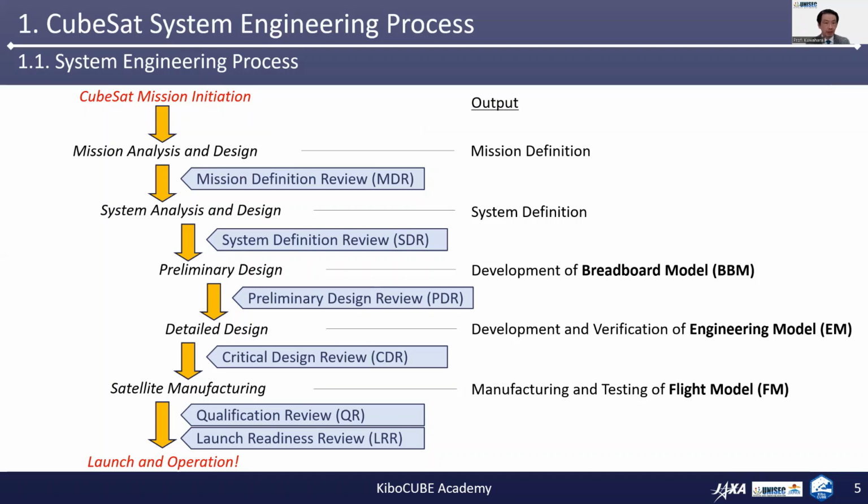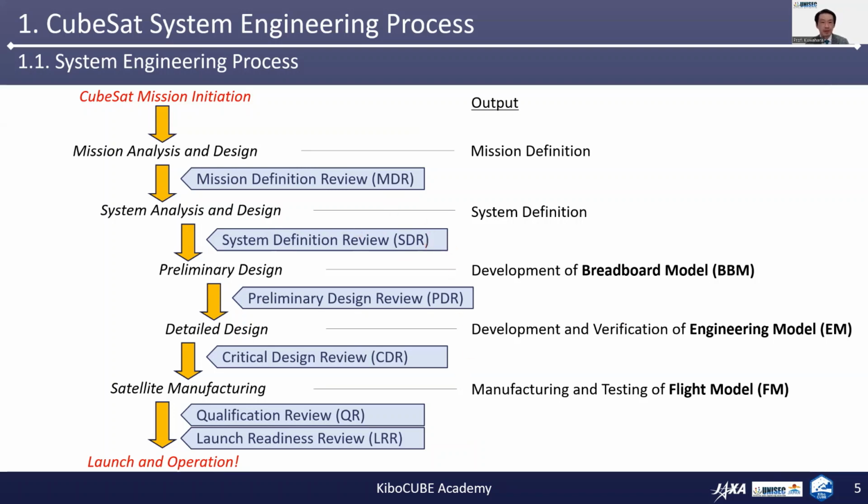The steps that follow also work in a similar way. The second step is the system analysis and design. And the output of this system analysis and design is the system definition. The result is reviewed by a system definition review, also known as SDR.